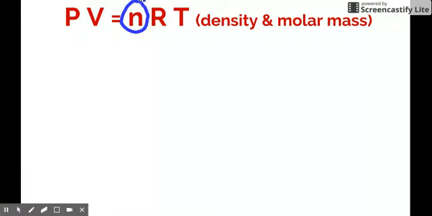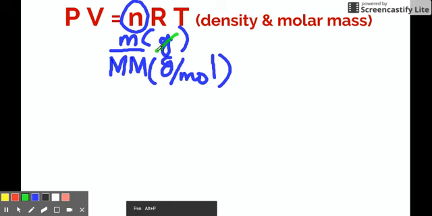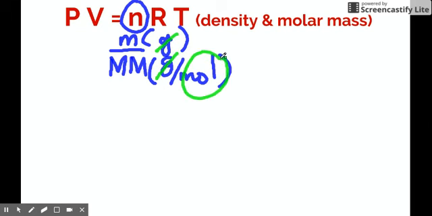From our previous calculations, you get moles by dividing your mass, which is small m, by the molar mass, which we will express as capital M. Small m stands for the mass, which usually has a unit of grams, and molar mass has the unit of grams per mole. When you divide the two, you cancel out grams and you get the mole. That's why the formula to get n is mass over molar mass.